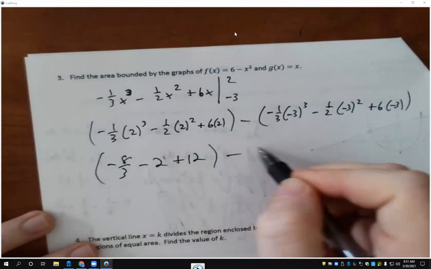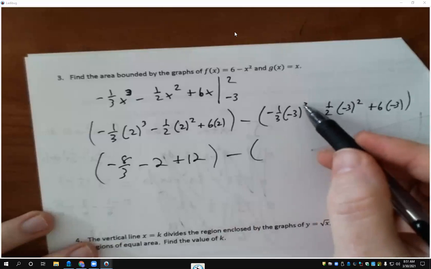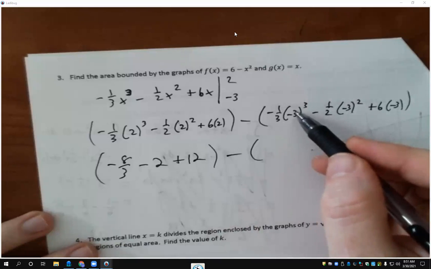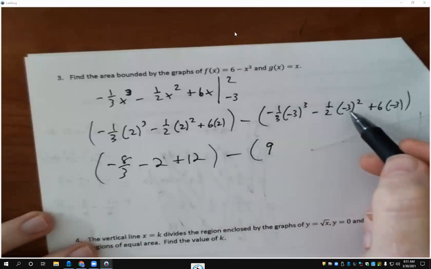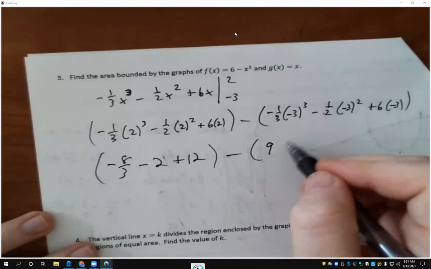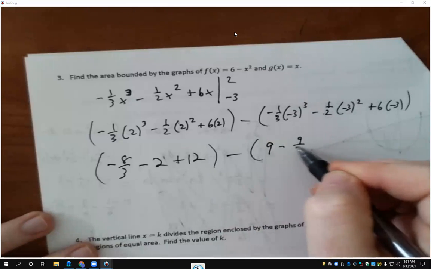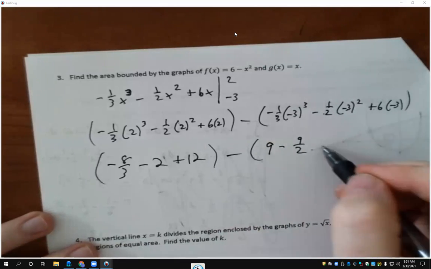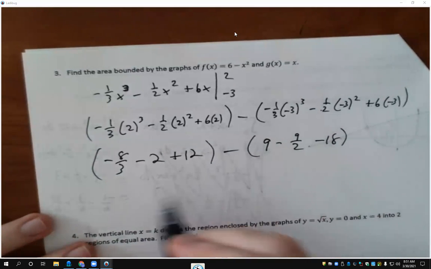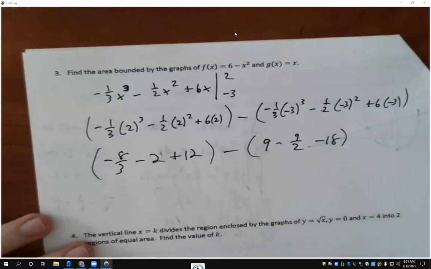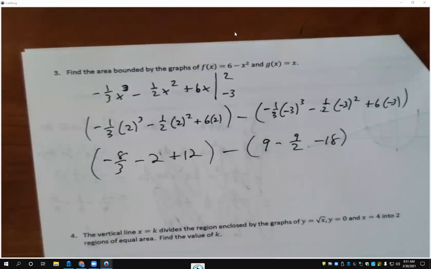Minus, this is -27 times negative 1/3, which is 9. This is 9 times negative 1/2, which is negative 9/2. And this is negative 18. So, I figured it out. I had a plus sign instead of a minus sign.